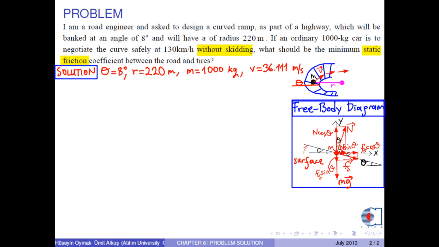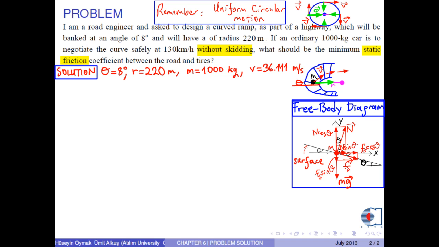As the final step, since this is an example of uniform circular motion, the acceleration vector along the x-axis is drawn like this, which is the centripetal acceleration of the motion. Okay, that's all about the free body diagram of the car.